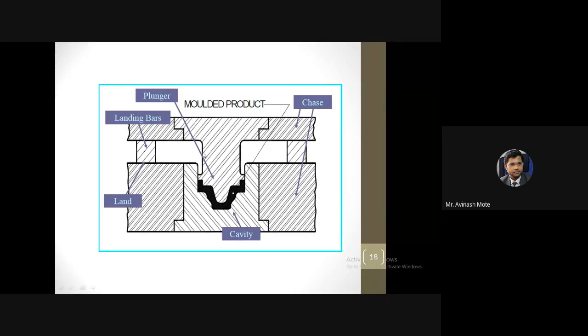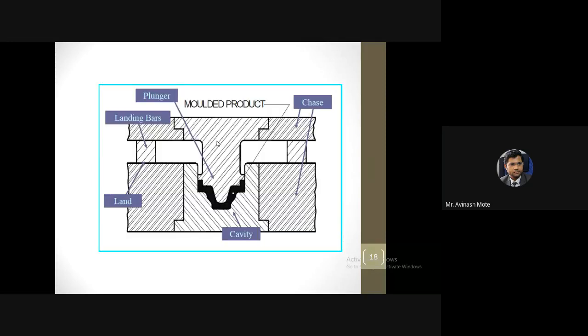So you will get the idea now. The landing bar or landing surface will also face clamping pressure. So clamping pressure is also applied on the landing bars, on the land area. This is the land area, and this is the land bar over which this entire structure will rest.